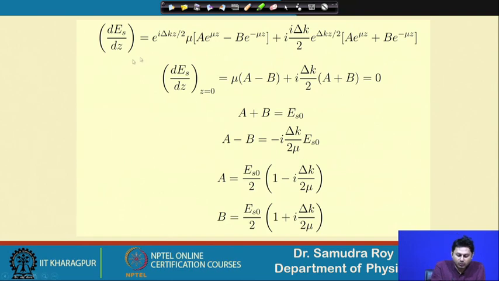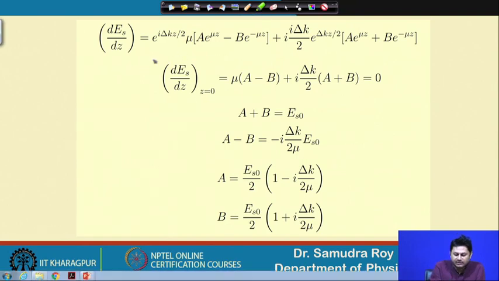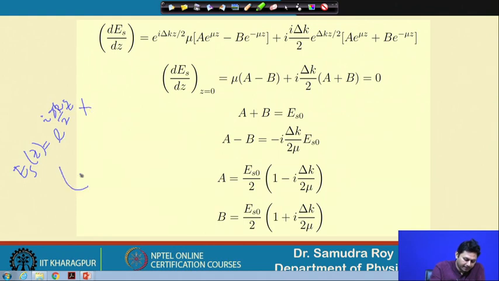So, once we have this total expression in hand, Es should be something like e to the power of i delta k divided by 2 times z, multiplied by A e to the power of mu z plus B e to the power of minus mu z. That was our term, so I need to take a derivative of this.